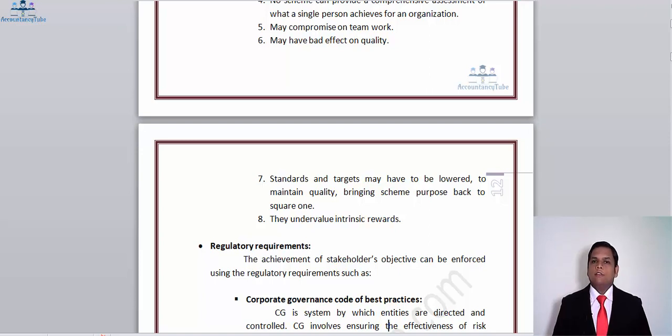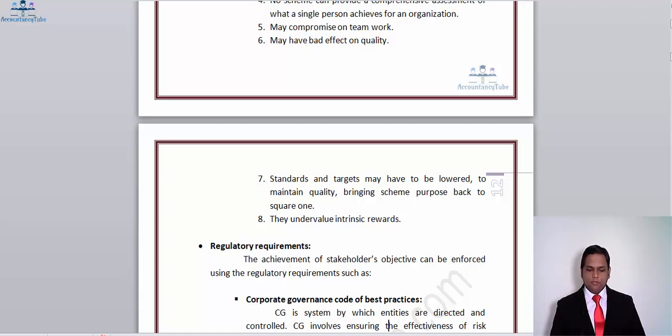So what was the scheme's purpose in the first place? Now the question arises, why do we have that scheme if those performance objectives are not met? Then what's the reason behind giving those incentives?